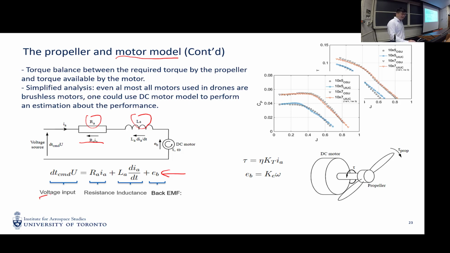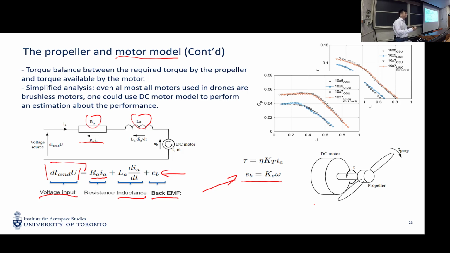If you have an input voltage U, the U will drive the current within the circuit. It equals the voltage drop on the resistance, the voltage on the inductance, and the back EMF. The back EMF is a function of the rotating speed of the propeller. When the rotation speed is low, you have a relatively low back EMF.